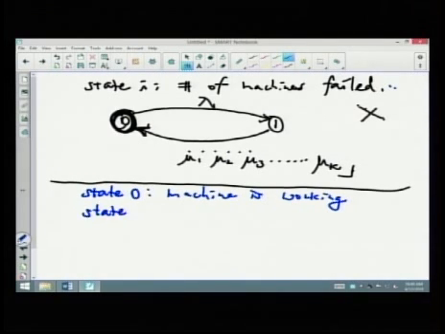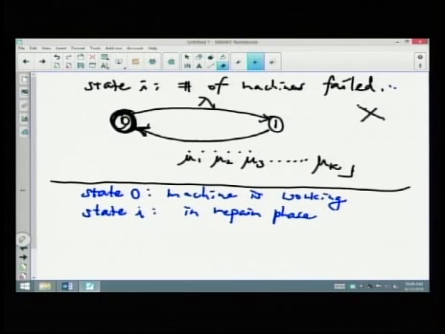However, we're going to define state I, which represents that it is in repair phase I, okay?